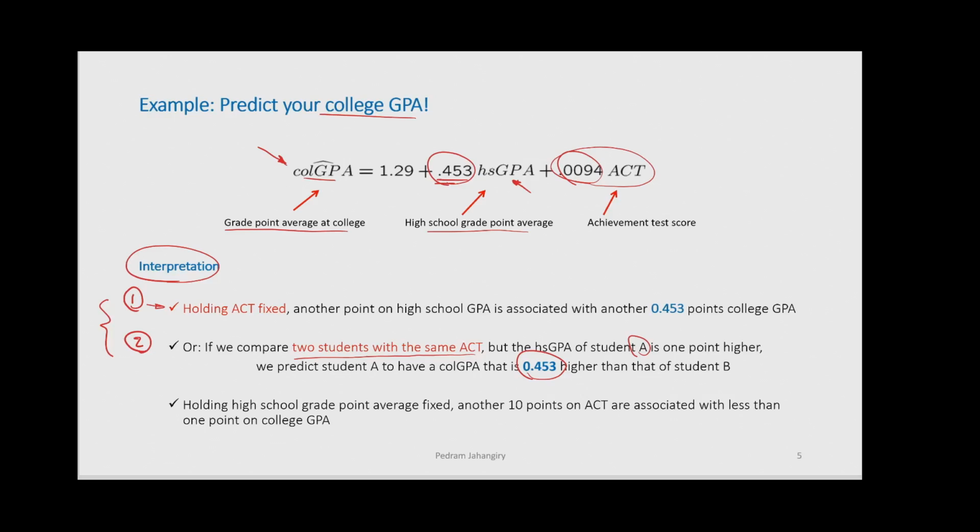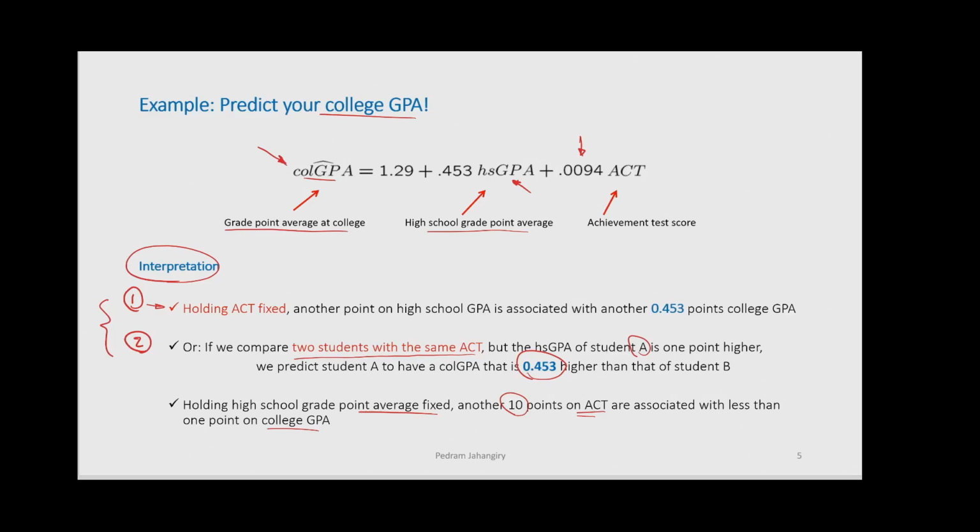Or again, to make more sense, we multiply it by 10 and say that, holding high school GPA fixed, another 10 points on ACT is associated with less than 1 point in college GPA. So where is this coming from? If I multiply 10 by this number, I get 0.094, so it's roughly 1 point.